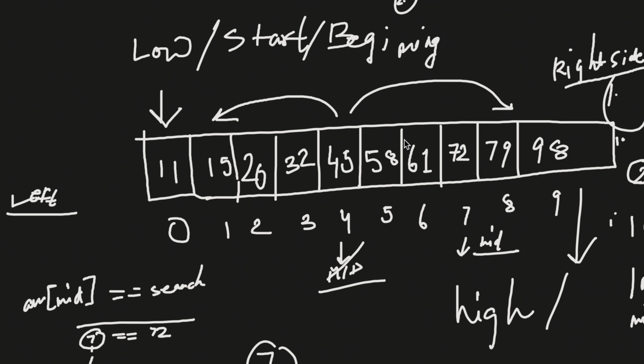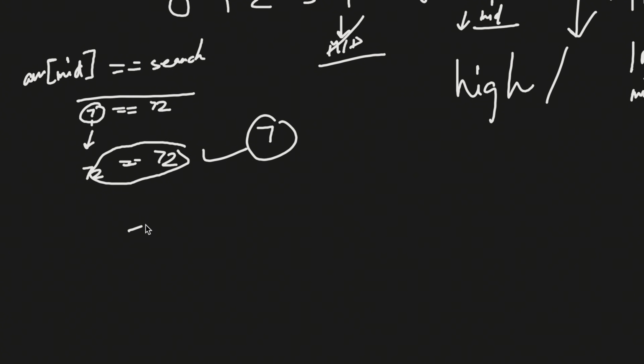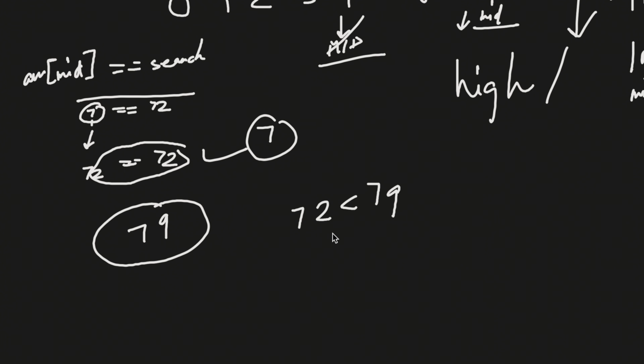But let's suppose I wanted to search for 79, not for 72. Now in this case also my search fails. Now 72 is less than 79, correct? So now my low would again be changed. Low would be 7 plus 1 equal to 8.